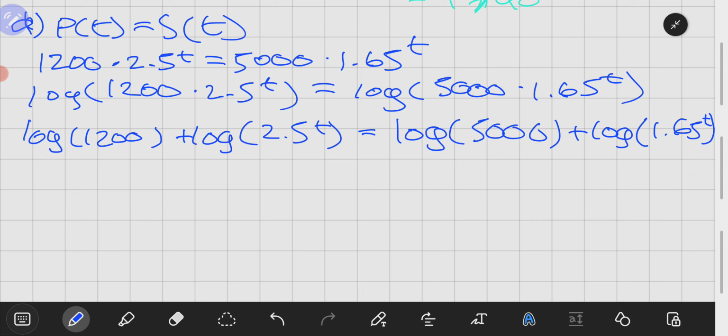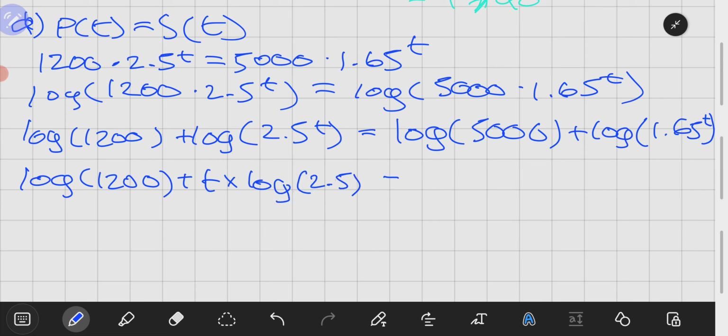Okay, and then we can bring both of our powers in front of our equations, both of our T's.